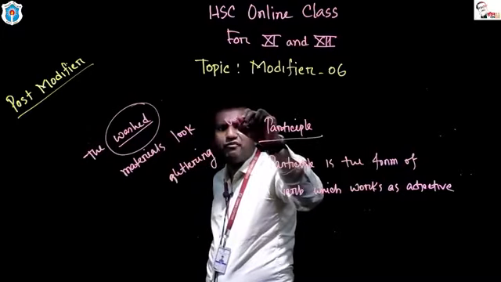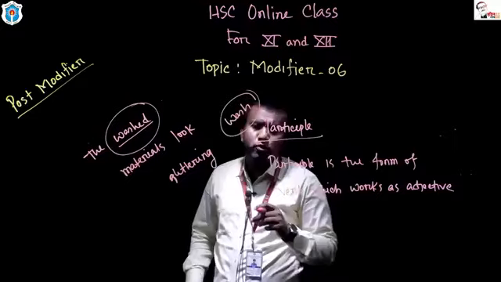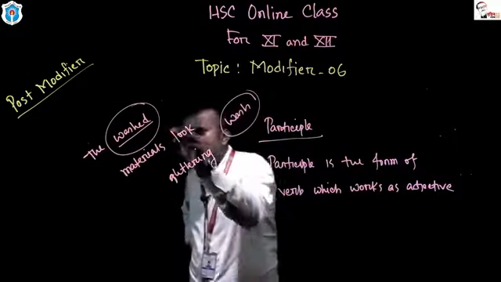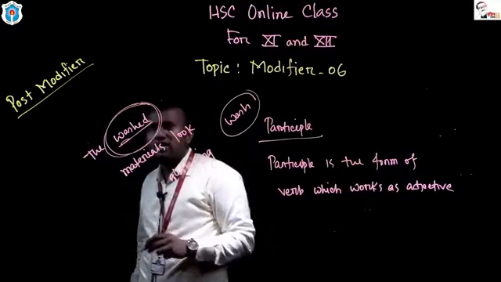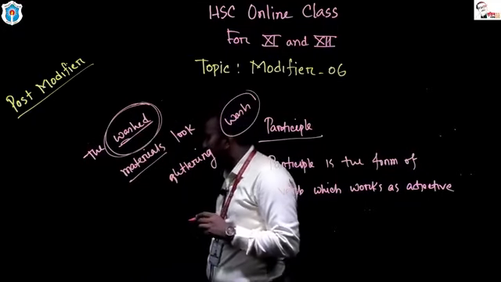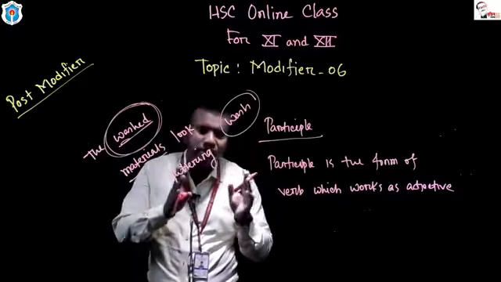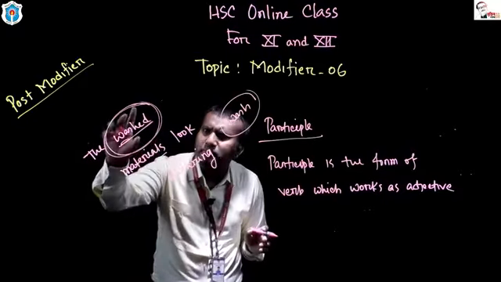Wash is a verb. What is the past form of wash? The past form of wash is washed. The past participle form of wash is washed. Washed is the form of verb, and this washed modifies materials. Materials is a noun, and this noun is being modified by washed.